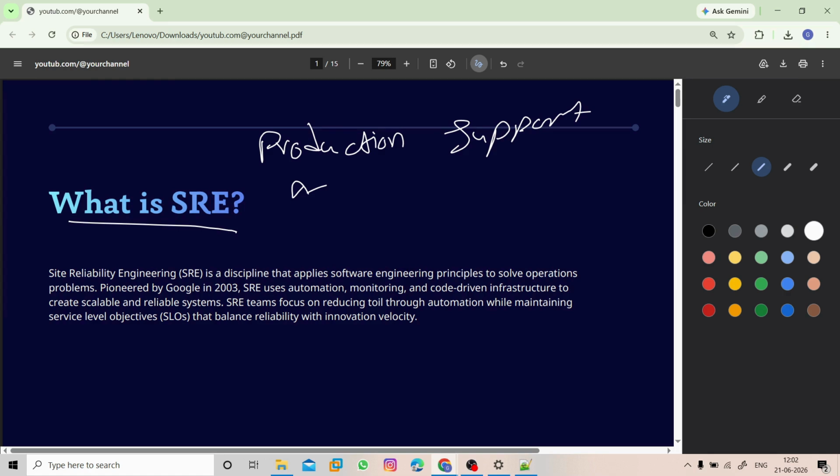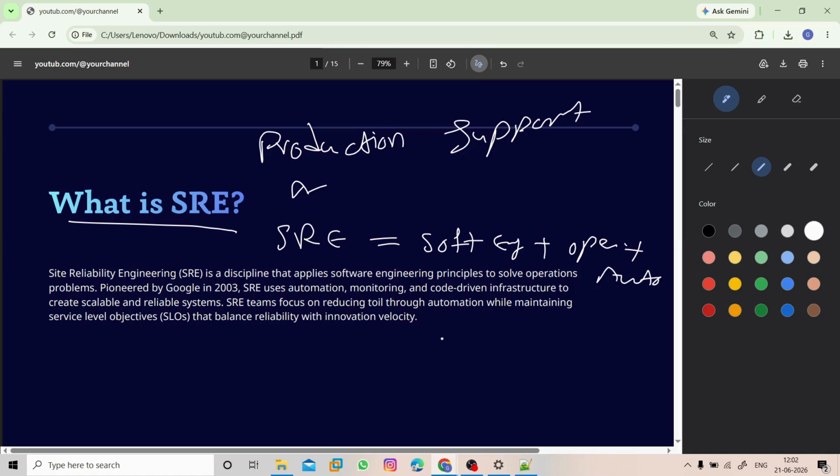So in simple words, SRE is software engineering plus operations plus automation. Site reliability engineering is a discipline that applies software engineering principles to solve operations problems.